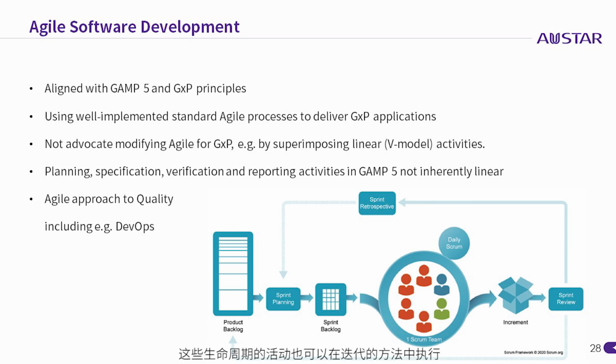These lifecycle activities can also be executed within an iterative approach. But the activities must be supported by robust processes and tools that are required for agile software development anyway. The sections on agile software development explain how to develop compliant systems using an agile approach to quality.